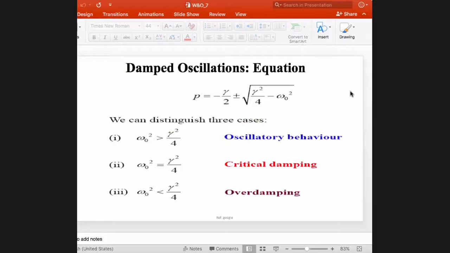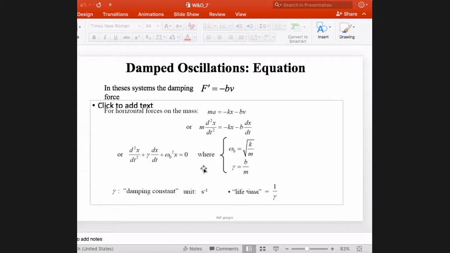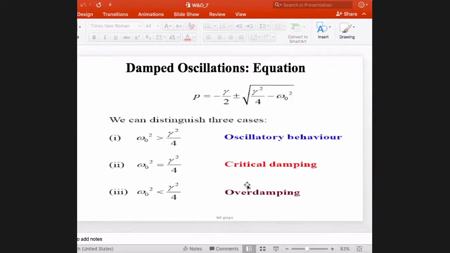If we go back, you can see that our case one is if omega naught square is greater than gamma square by 4, where gamma is a constant called the damping constant, gamma equals b by m. Case two is called the critical damping condition, where omega naught squared equals gamma squared by 4.